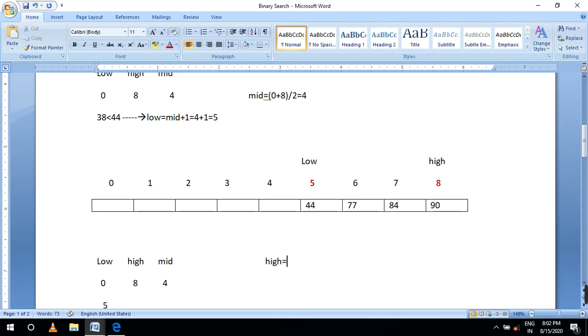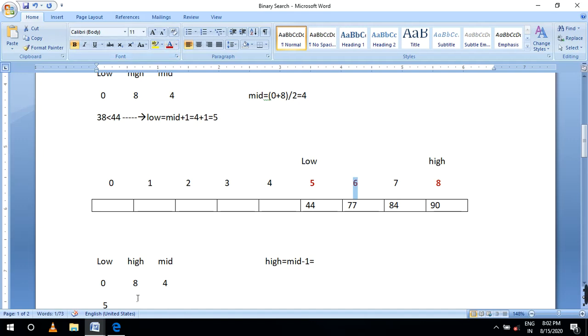High equal to mid minus 1. So now the middle value is 6.